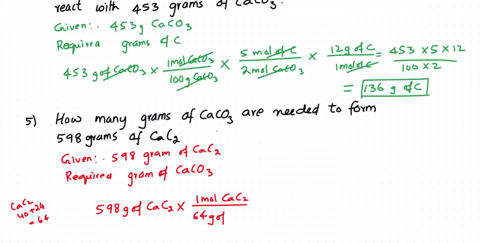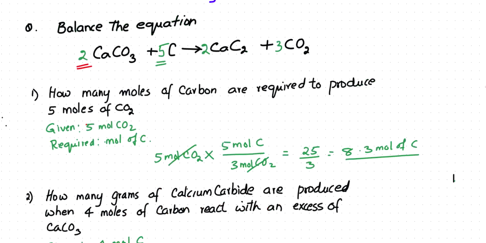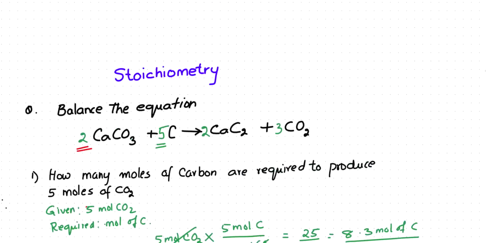So now we have answer in moles of calcium carbide times mole ratio. So the ratio of calcium carbide and calcium carbonate is 2:2, 2 moles calcium carbonate, 2 moles of calcium carbide.